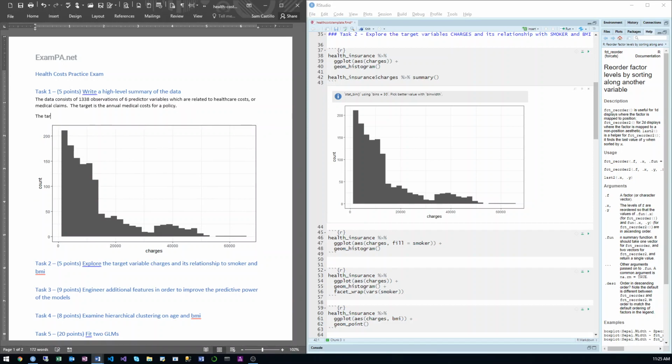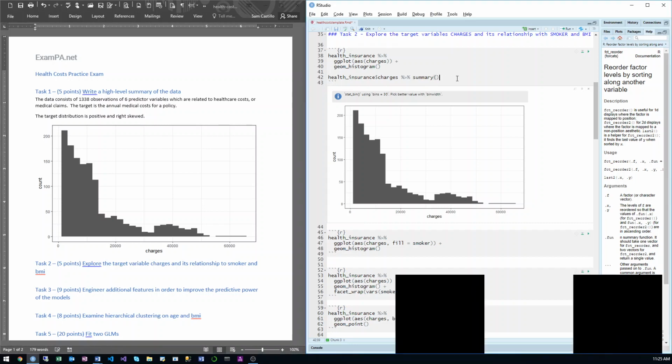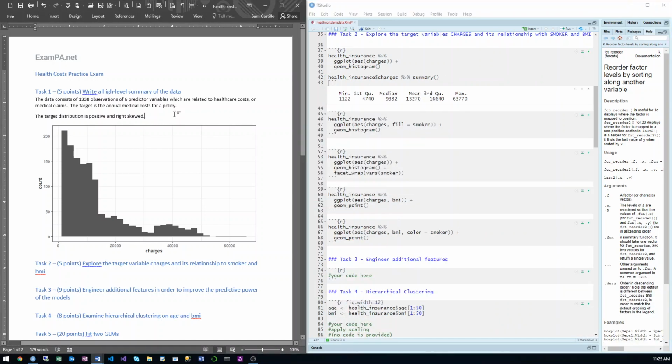The target distribution is positive and right skewed. And the mean is 13,270, and the median is only 9,382.